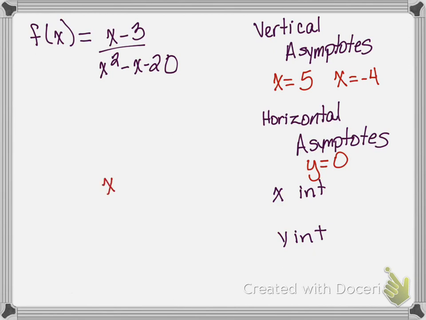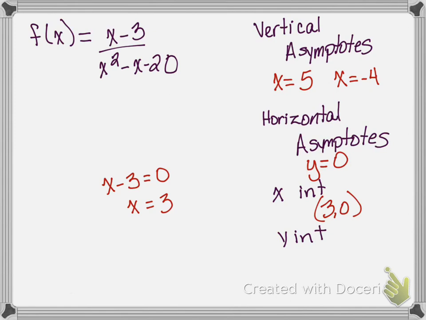So I have x minus 3 equals 0. So my x-intercept in this situation is going to be 3. I would encourage you to write that as an ordered pair because you're going to have to identify that as an ordered pair on your graph. Write it as an ordered pair. So, to find your x-intercept, you set your numerator equal to 0.